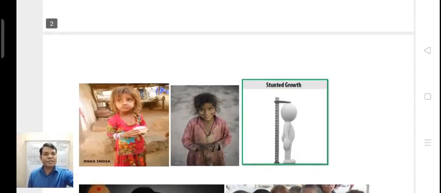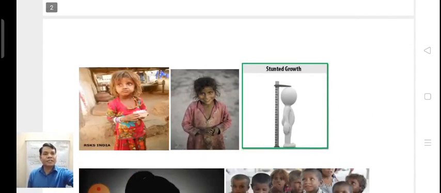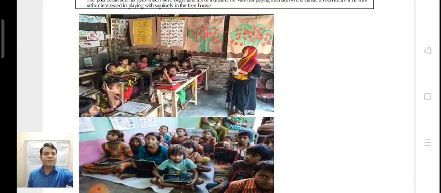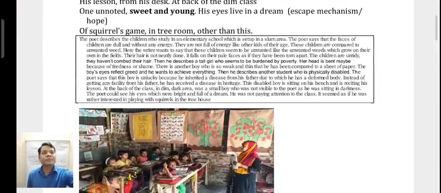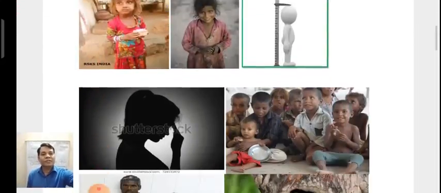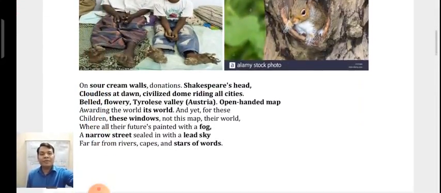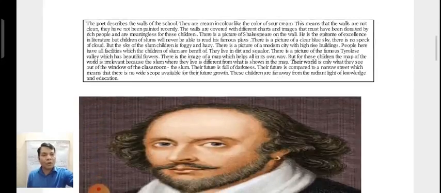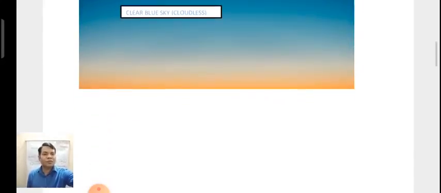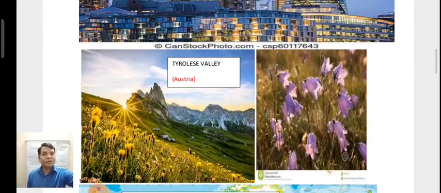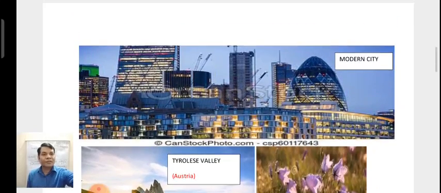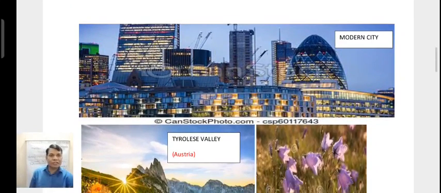Let me show you once again. You can see how different the slum area is from that modern city. So the map which is put on the wall of that slum classroom shows the civilized world.